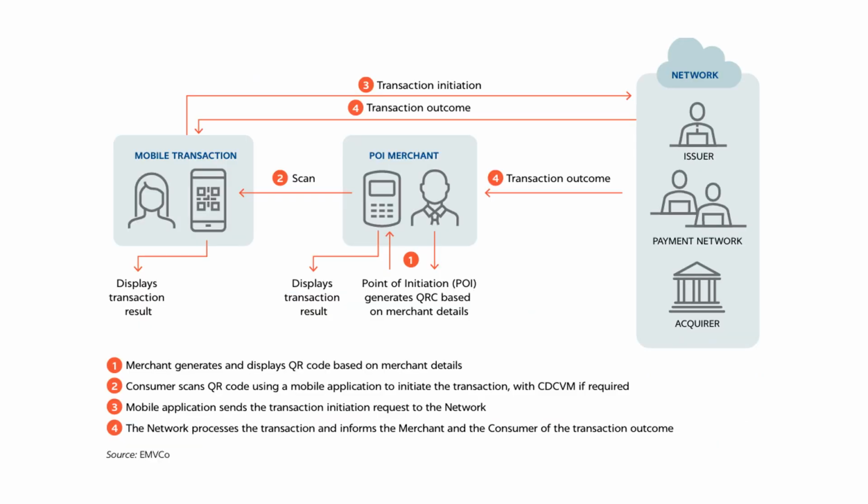QR codes can be static or dynamic. They can be presented by the customer or by the merchant. A merchant can present a static QR code, which is a QR code printed and pasted on a wall or on a sound box. Or the merchant can dynamically generate a QR code to include transaction specific information.